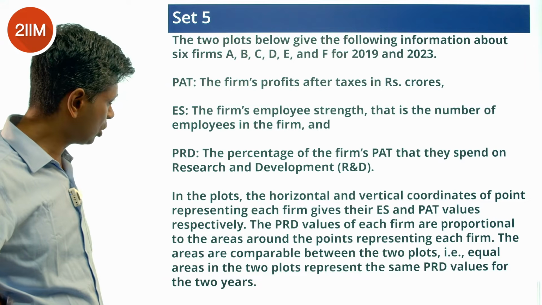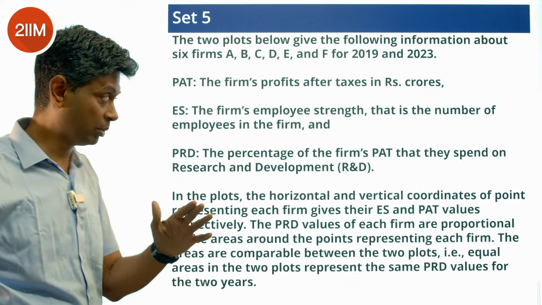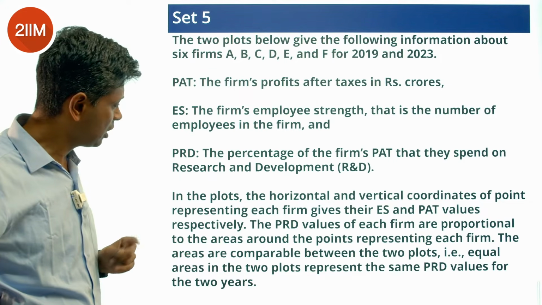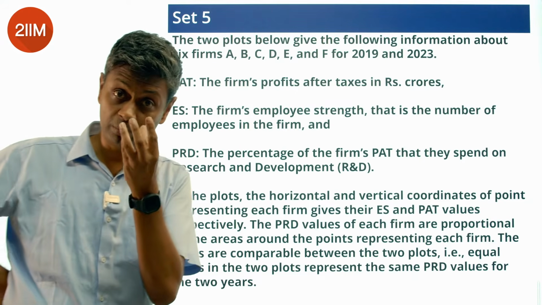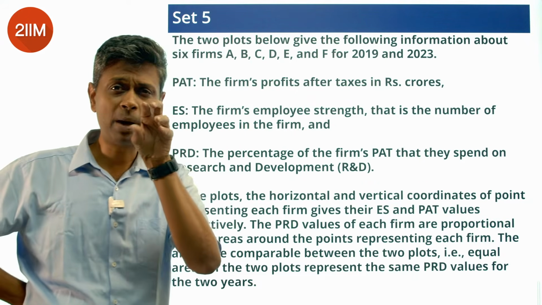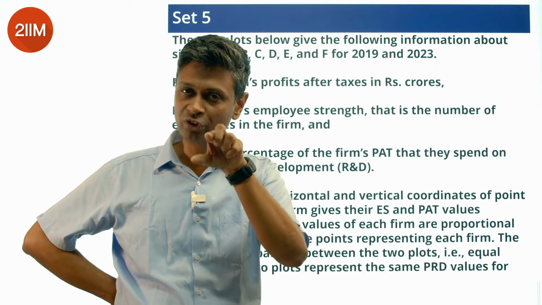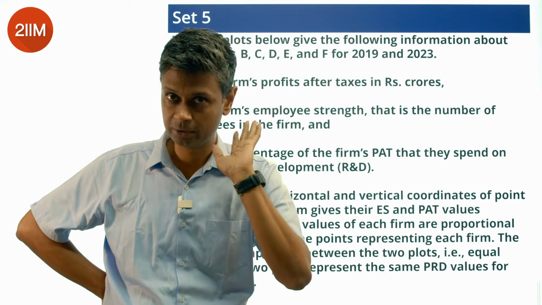The plot, the horizontal and vertical coordinates of point representing each firm gives their ES and PAT values respectively. Horizontal is ES, vertical is PAT. The PRD values of each firm are proportional to the areas around the points representing each firm. So, like bubbles around the dot, the area of the circle is proportional to the percentage of PAT spent on R&D.